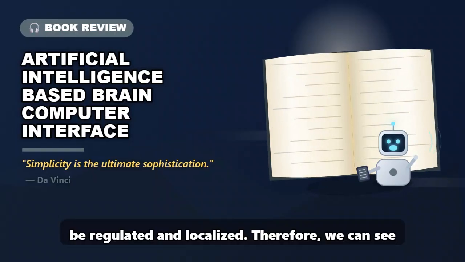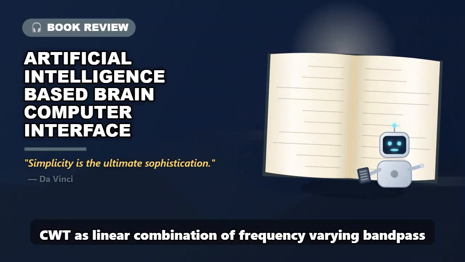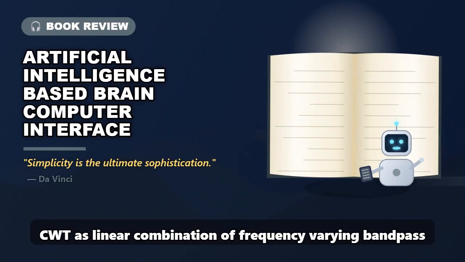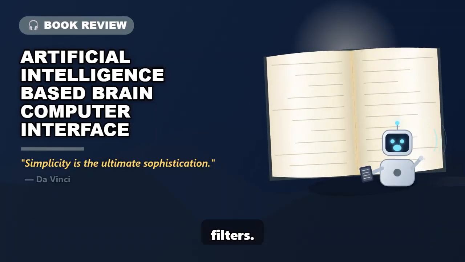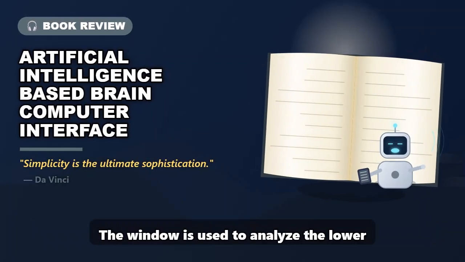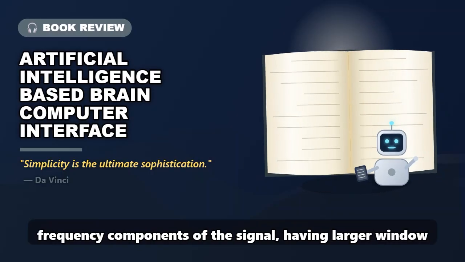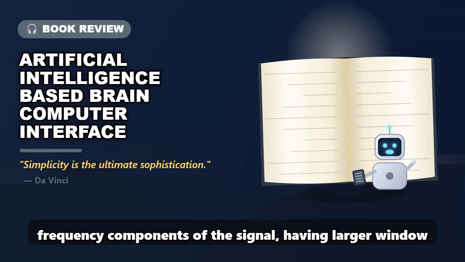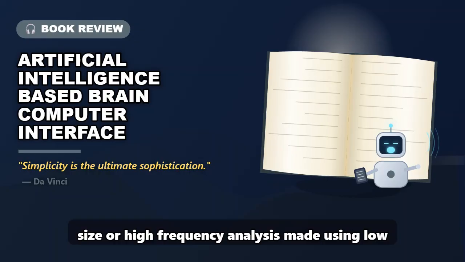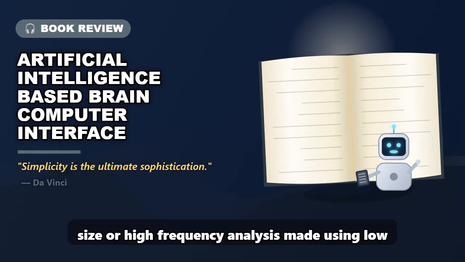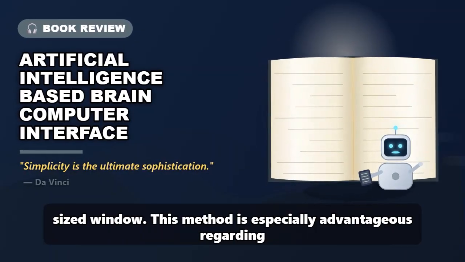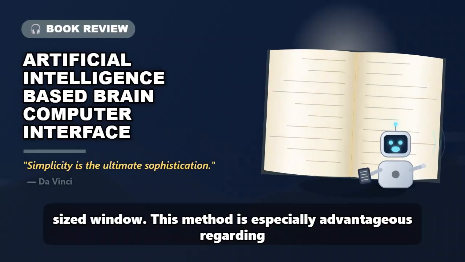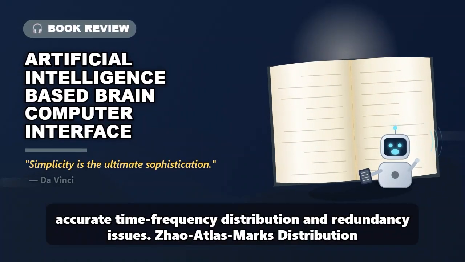Therefore, we can see CWT as a linear combination of frequency varying bandpass filters. The window is used to analyze the lower frequency components of the signal, having larger window size, or high frequency analysis made using a low-sized window. This method is especially advantageous regarding accurate time-frequency distribution and redundancy issues.